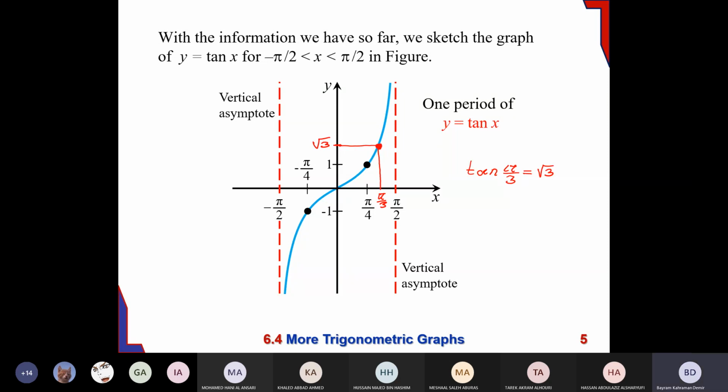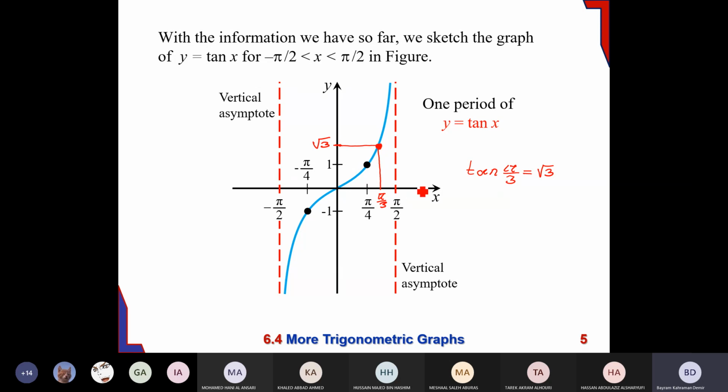As you get closer to pi over 2, let's see approximately how much pi over 2 is. If you divide pi by 2, it will be close to 1.57.